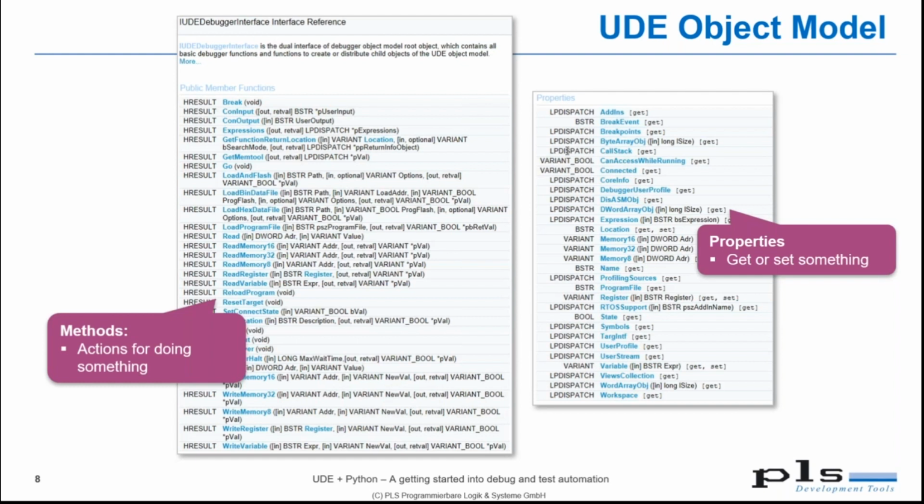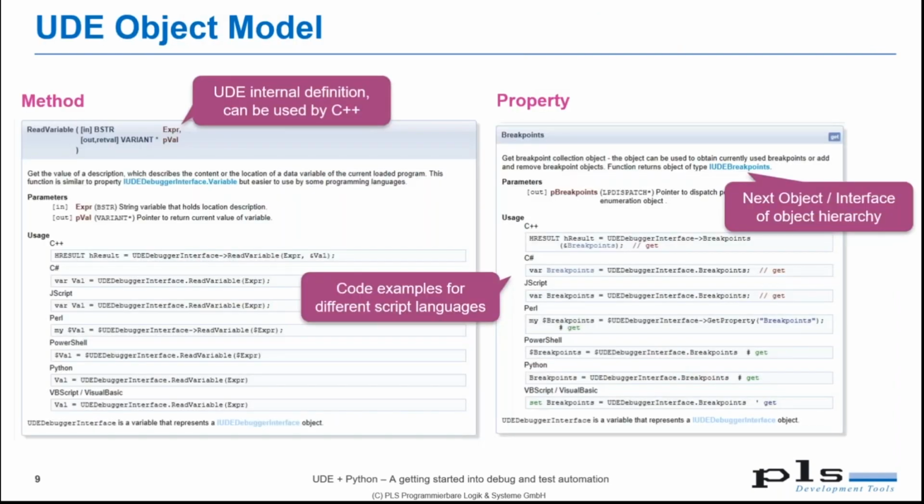So we see that each of the objects and functions and also the properties are well documented, and you can click on the blue highlighted names, and then you get more detailed information about the functions and properties. For example, how the definition looks like. Here on the header, you see the definition for the read variable method of the debugger object in a more generic form.